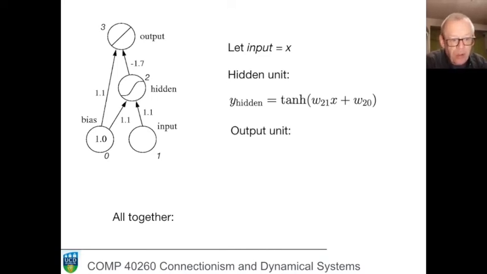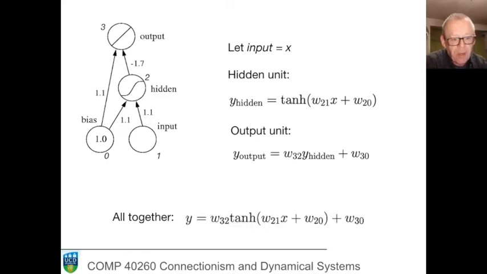Now the output unit receives input from the hidden unit and from a bias. It's a linear unit, so we don't have to worry about activation functions. So it's the weight to unit 3 from unit 2 times the activation of the hidden unit, plus its bias term. Put it all together, and that's the function computed by this network.